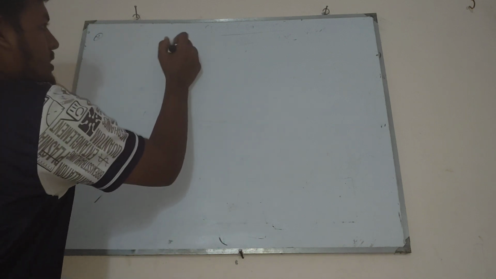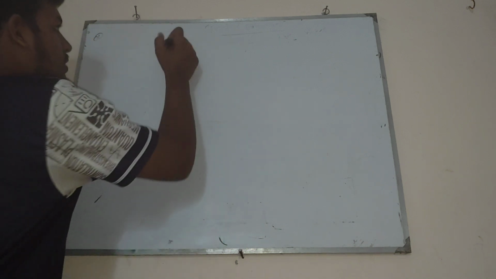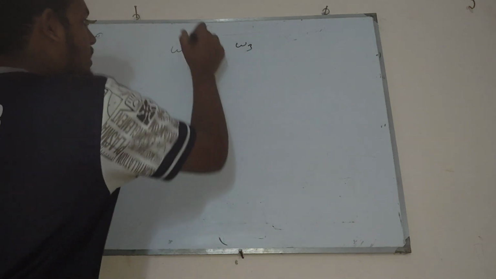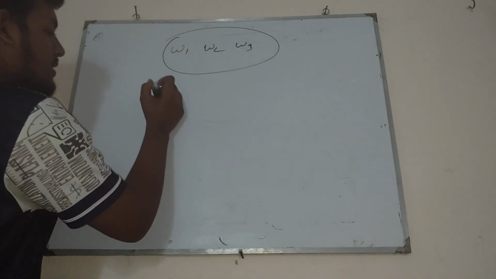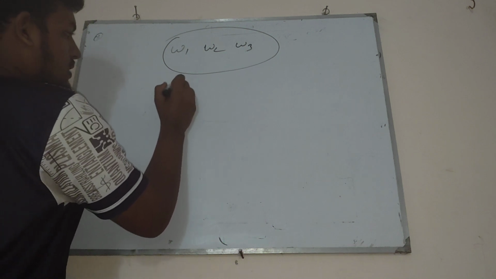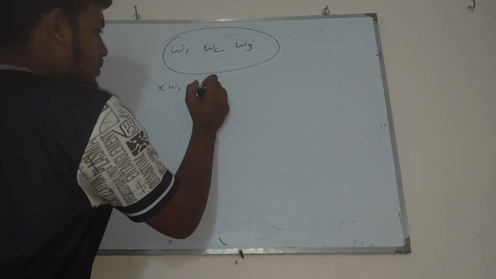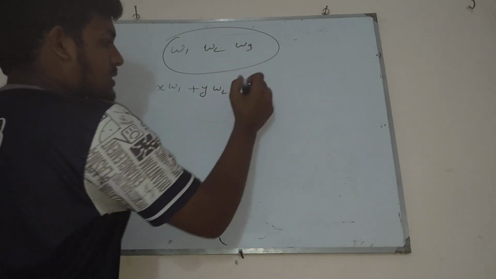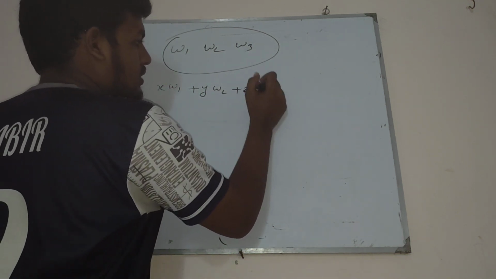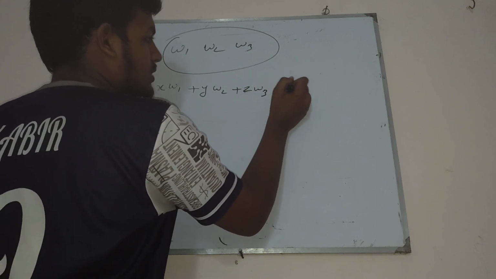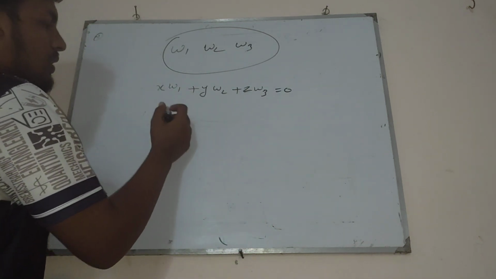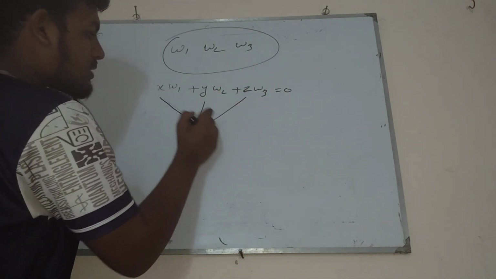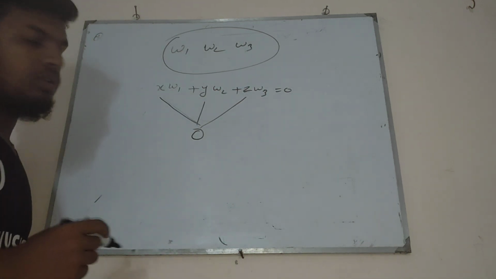Suppose three vectors w1, w2, w3 are independent, then some coefficient x times w1 plus some coefficient y times w2 plus some coefficient z times w3 equals 0 only when these three coefficients equal 0.